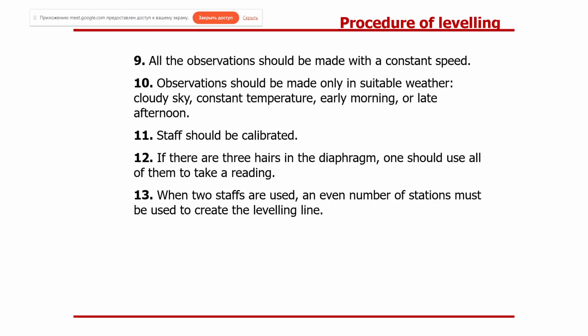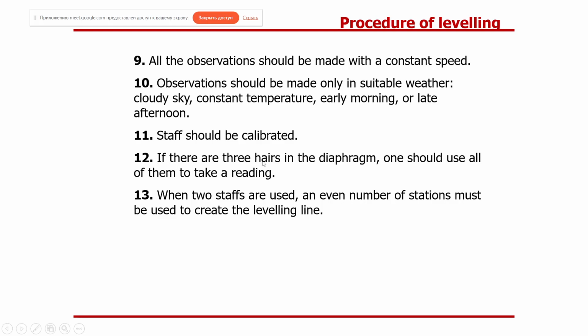It is not a good idea to make observations at a time not far from 12 o'clock in the afternoon, because the weather is very hot and the errors grow rapidly. Next step: the staff should be calibrated.